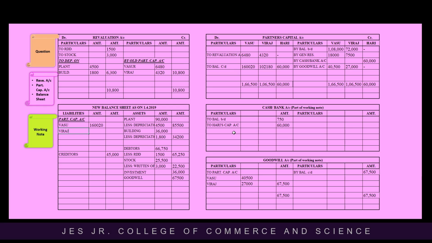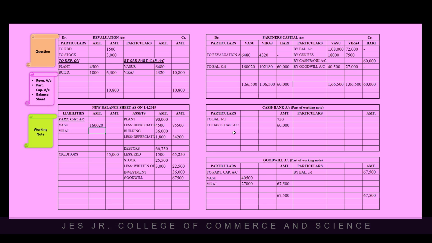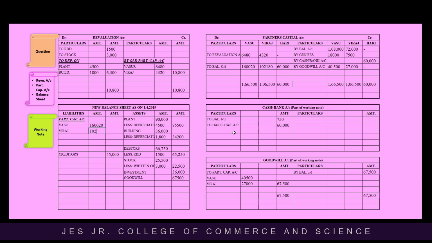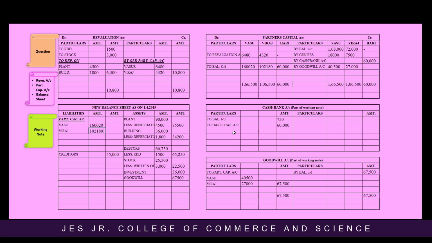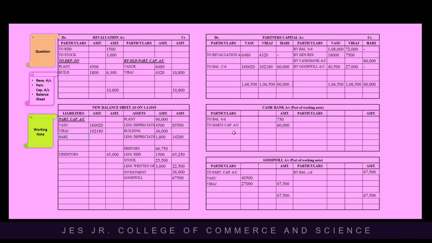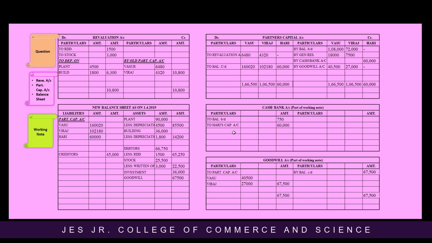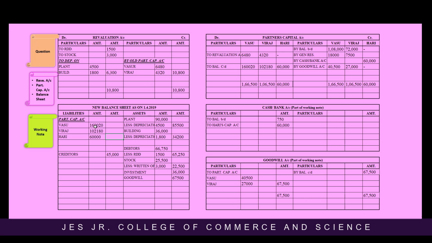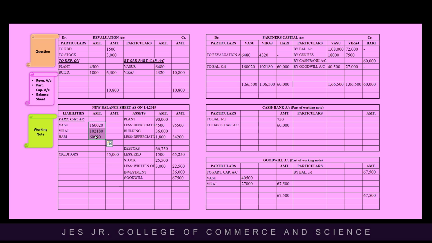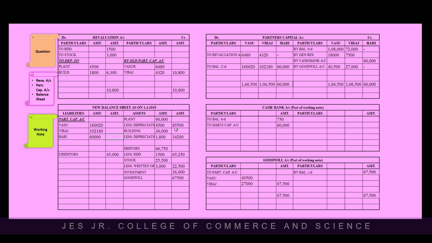And here Viraj 1,02,180. And here Hari is 60,000. Total of this will be 3,22,200.